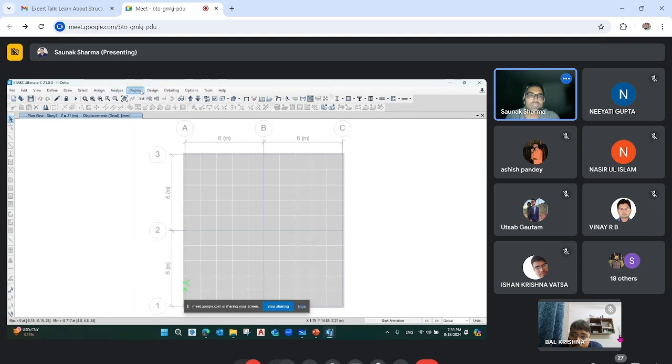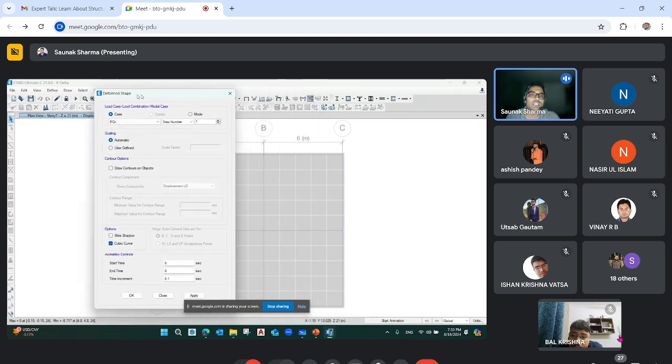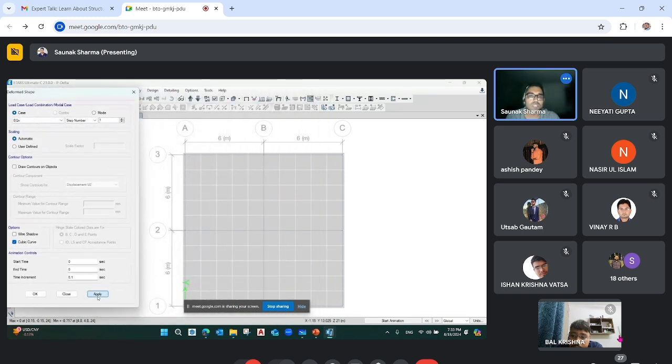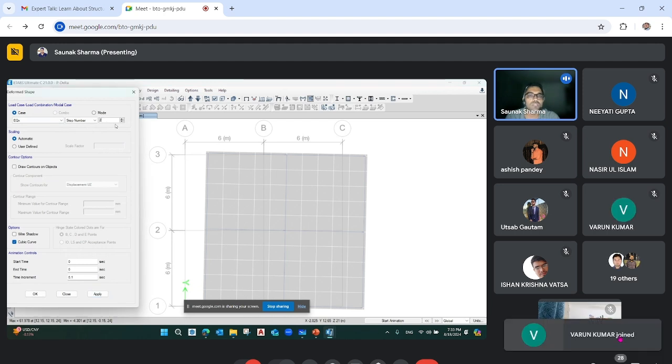We display the deformed shape, and we see EQX and EQY both. Then we apply this. We go to the eccentric loading also. Here is EQX, and here step numbers 1, 2, 3 are shown.